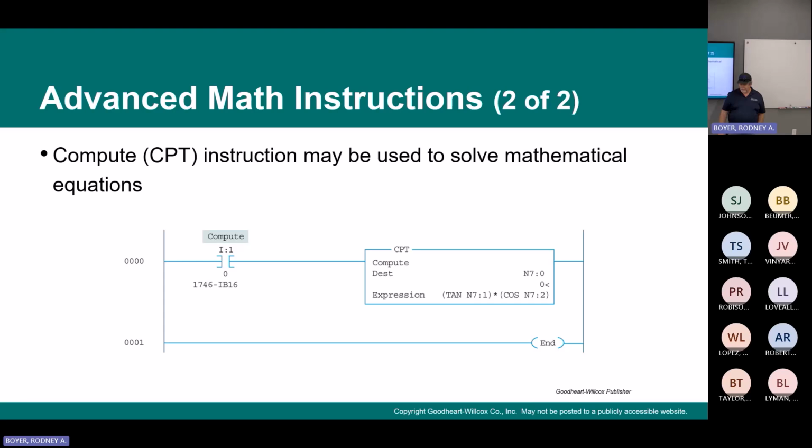Here's a compute instruction in process: tangent of whatever is in N7:1 multiplied by the cosine of whatever is in N7:2, and the destination is N7:0.